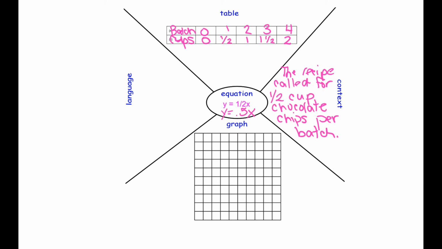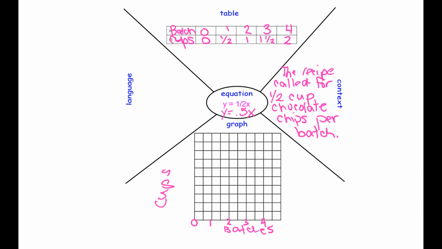So then if I go down to my graph, I would have the batches down here. And I just went up by ones, so I don't have to get very far. I think I will skip a line though, just to space it out. So 0, 1, 2, 3, 4. And then the cups will go on the y-axis.